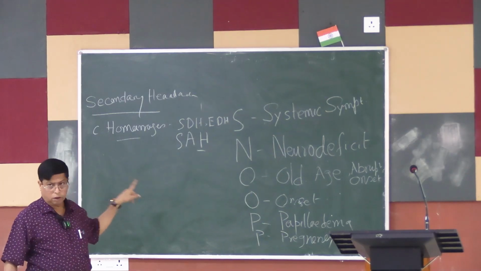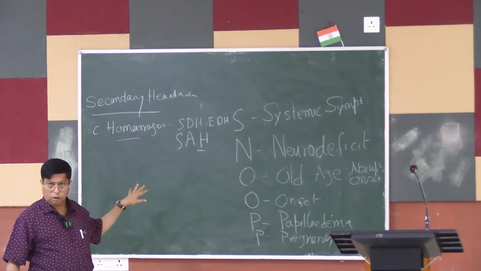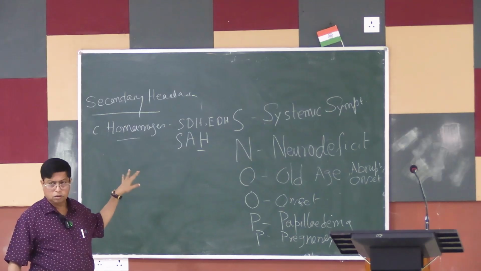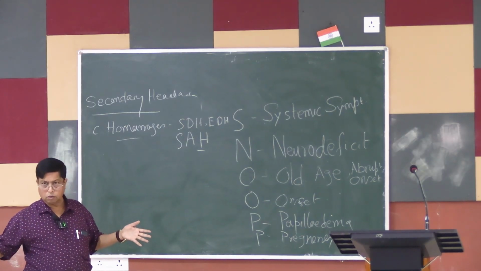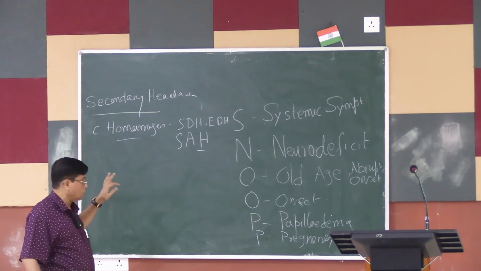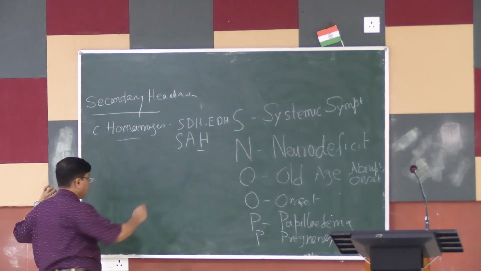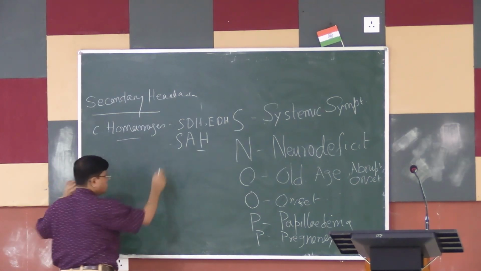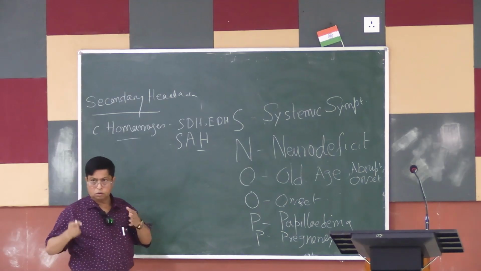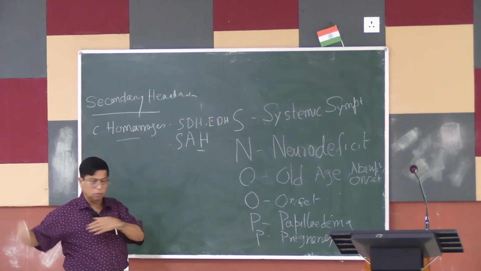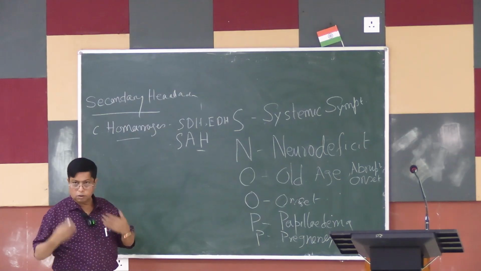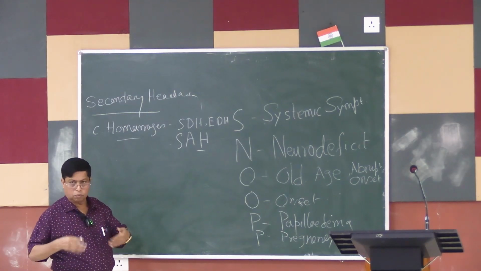So subarachnoid hemorrhage is a very urgent emergency condition in medicine that causes the patient to become instantly unconscious. This is also called stroke, as there are thrombosis and embolism called stroke. Subarachnoid hemorrhage has the same features, sudden loss of consciousness.